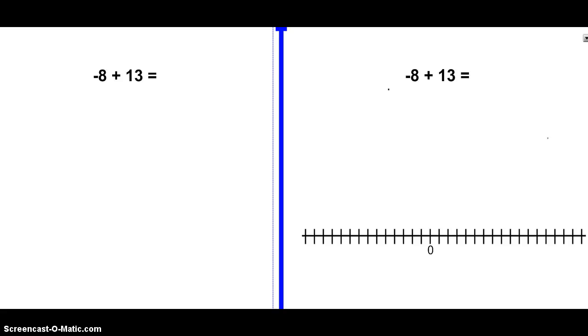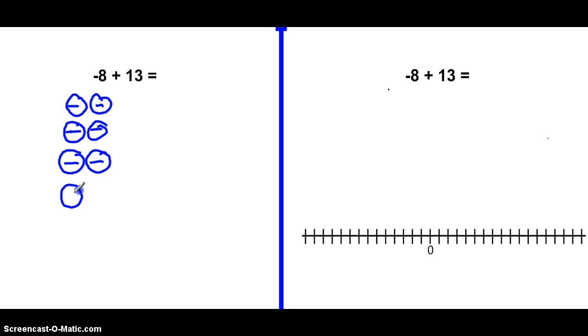Okay? Now we have negative 8 plus 13. So let's start with the chips first. Let's draw negative 8 chips. Okay? So draw this with me on your notes. Negative 8 chips. Alright, there's my negative 8 chips. Now we're adding 13, and it's a positive 13.